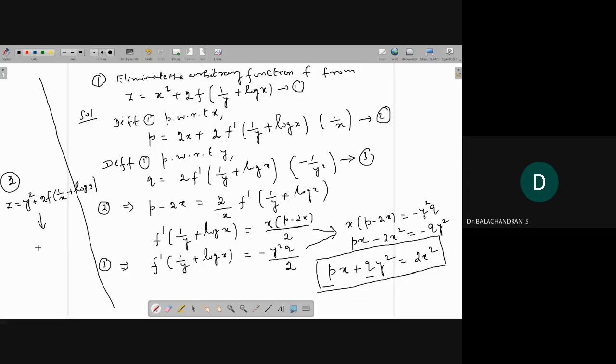Don't hesitate to try. Otherwise, I will give the answer. So the final answer is px square plus qy equal to 2y square. You can check it later.